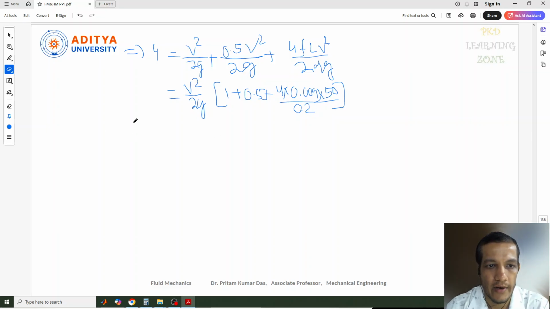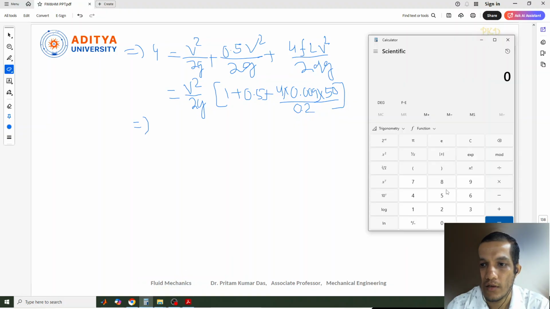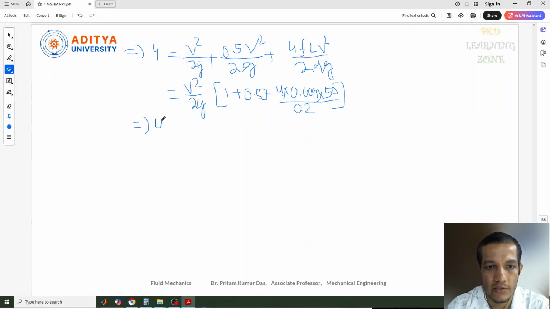Now let's solve this one. This is 4 into 0.009 into 50, that is 1.8, divided by 0.2, so 9, plus 1 plus 0.5, that means 10.5. So we can write 4 equal to v square by 2g into 10.5.